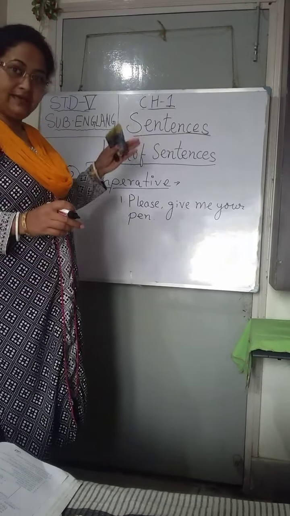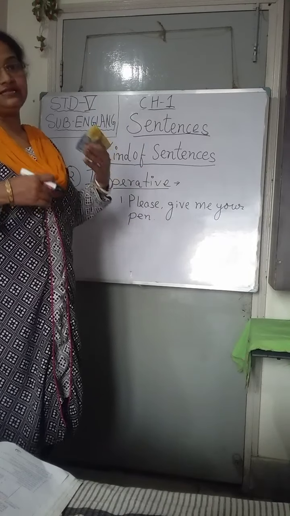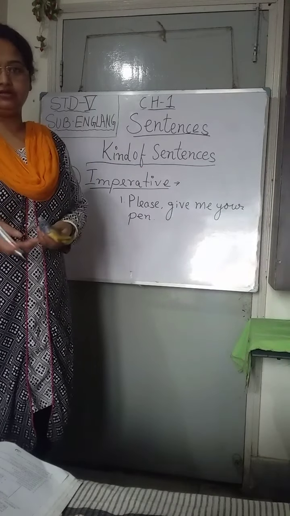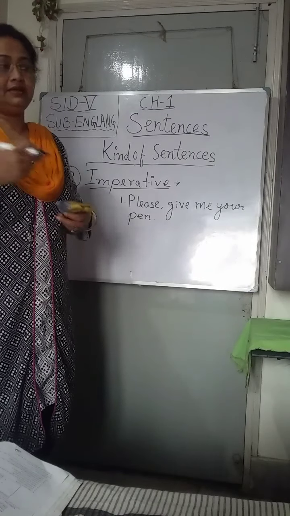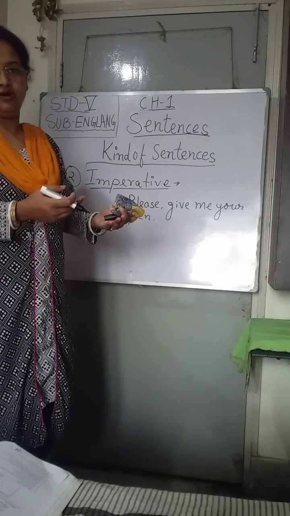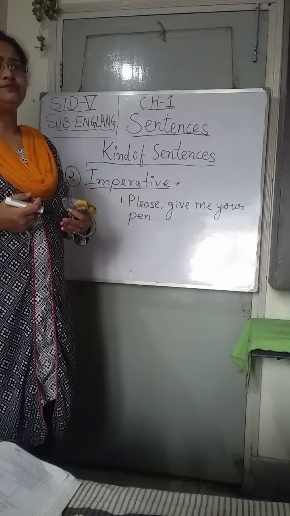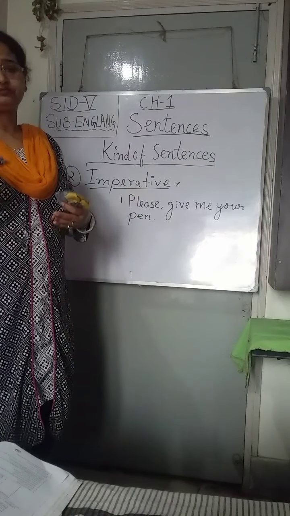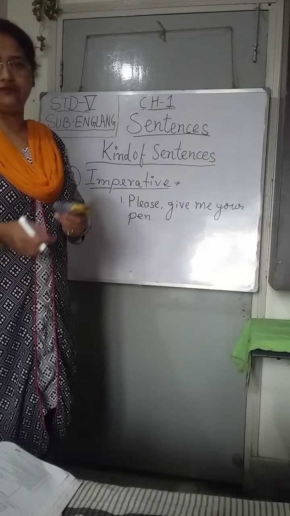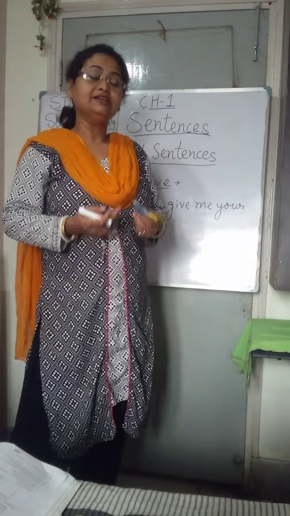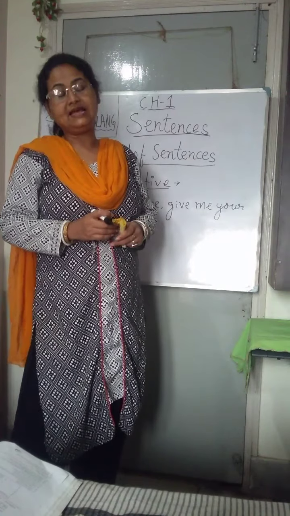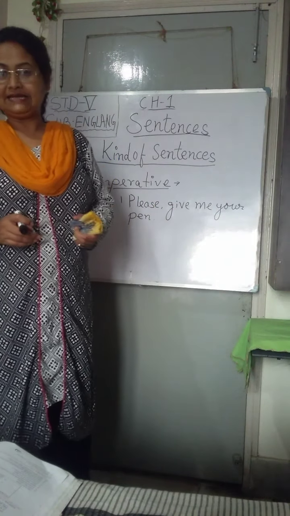Now I have already told you it expresses request, and command also. If I say get out of the class, or if I say troop, march forward, now I am commanding. Such types of sentences are called imperative sentences.